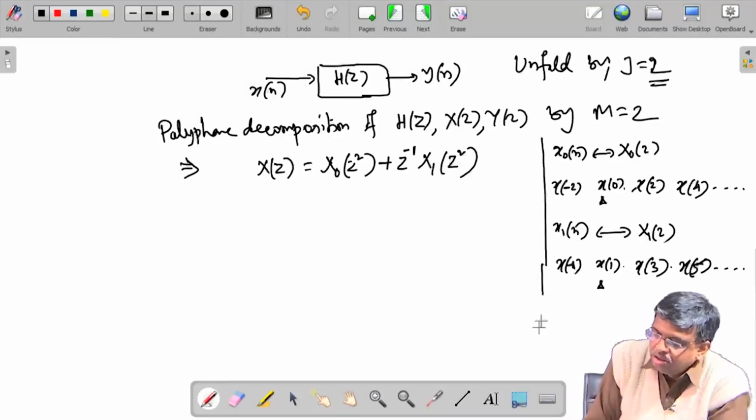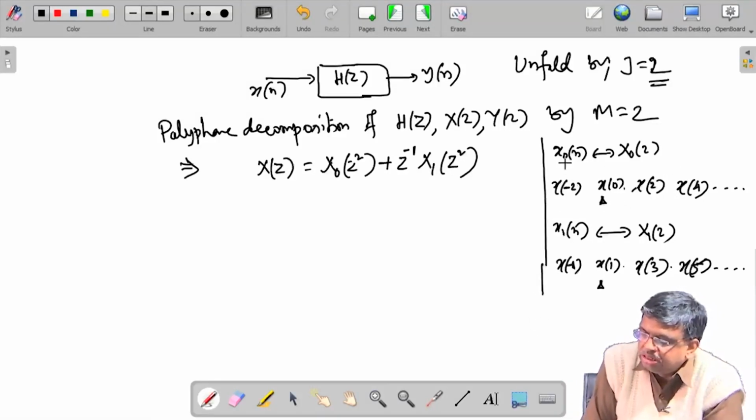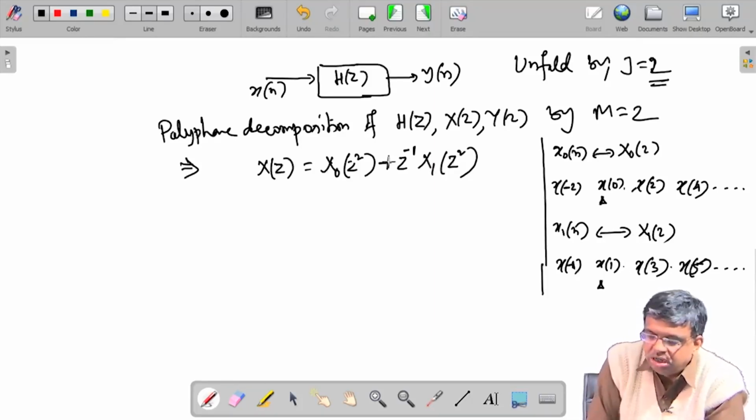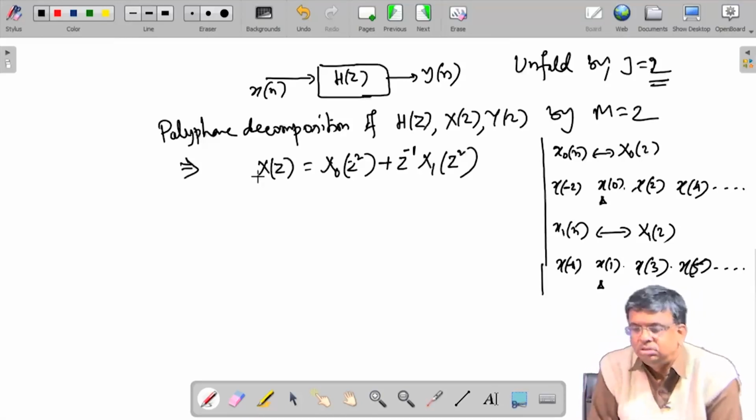So, on this side before expansion is x0 n, the corresponding z transform is capital X0 z. If you insert zeros, it becomes capital X0 z square. Similarly, if you insert zeros, it becomes capital X1 z square, then you shift it to the right by 1, so z inverse this, and then add, you get back the original sequence's z transform.